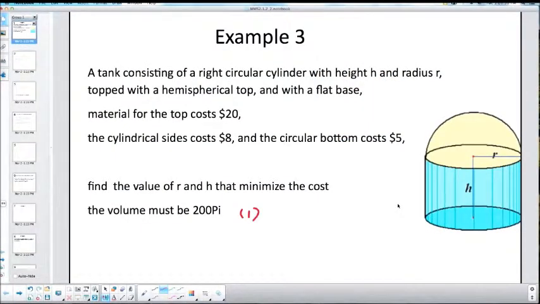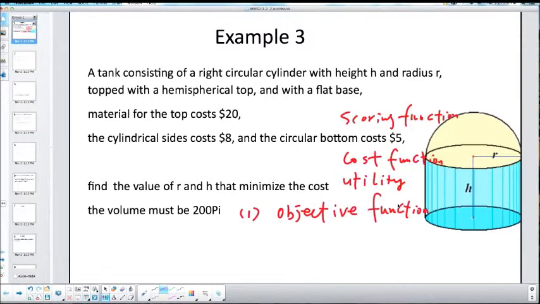Step 1, you always need to find the objective function. And the second one, we need to find the constraint. In reality, everything has a constraint. Every good solution is going to be a trade-off solution between the constraint and the objective.